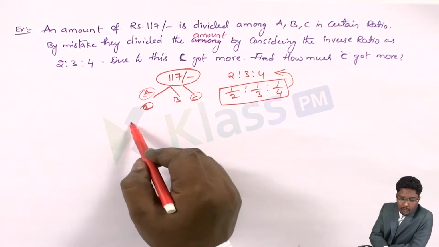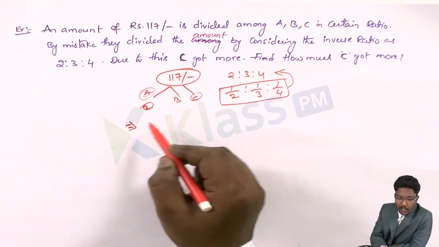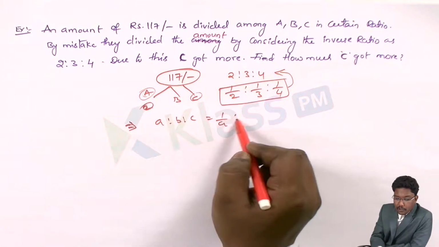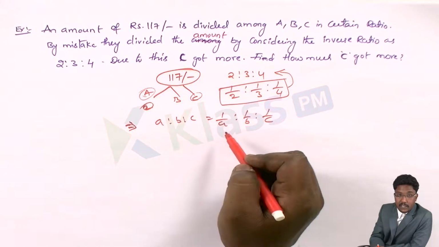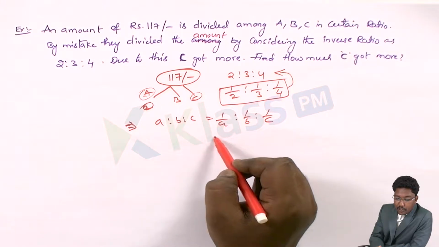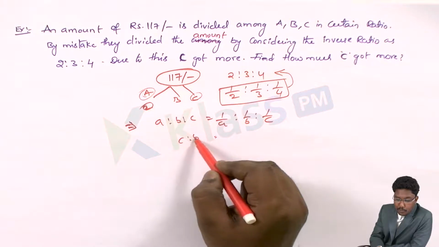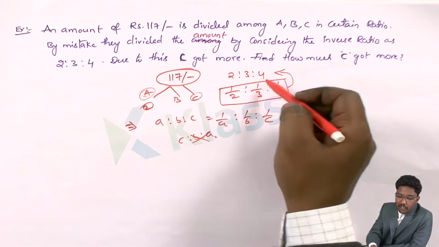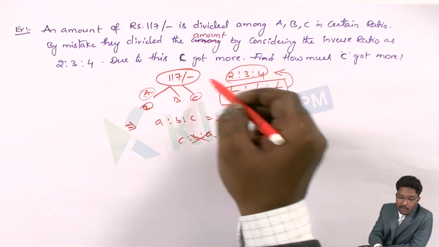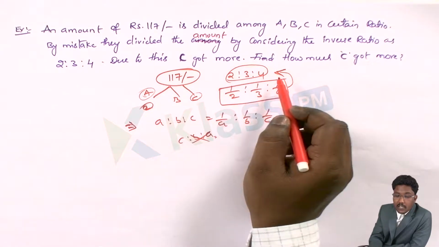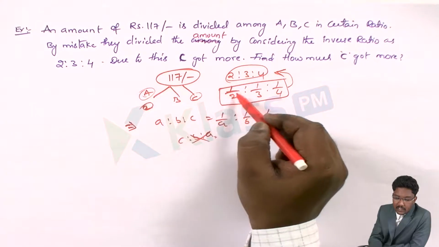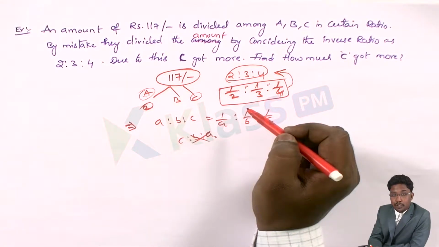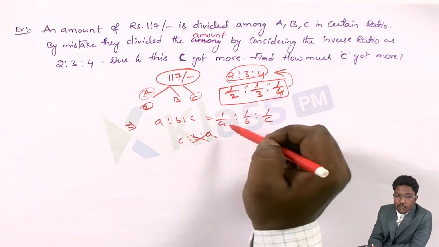But we saw in the previous slide, what is the inverse ratio of A is to B is to C? 1 by A is to 1 by B is to 1 by C. And what does the inverse ratio mean? Directly we are not writing C is to B is to A. Okay. We are taking the LCM. But the person who is dividing this amount did not consider the LCM. Then he directly says it is the original ratio. But he took the inverse ratio as 2:3:4. But what is the original ratio?